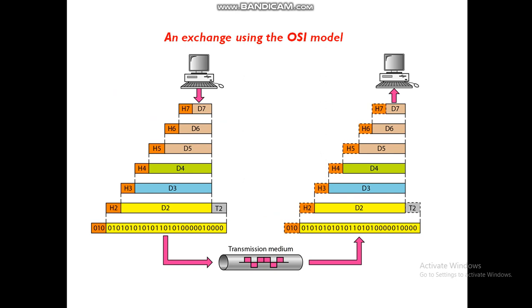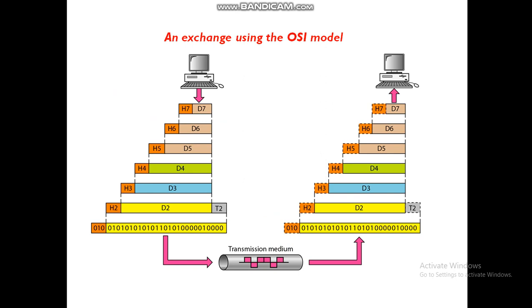Then another data unit is formed by combining D6 plus H6, where H6 is a header attached at layer 6. In this way, each layer at the sender side encapsulates its data into single units, and finally at the physical layer it is converted into bits and travels through the transmission medium. At the receiving side, all the headers are unwrapped layer by layer.